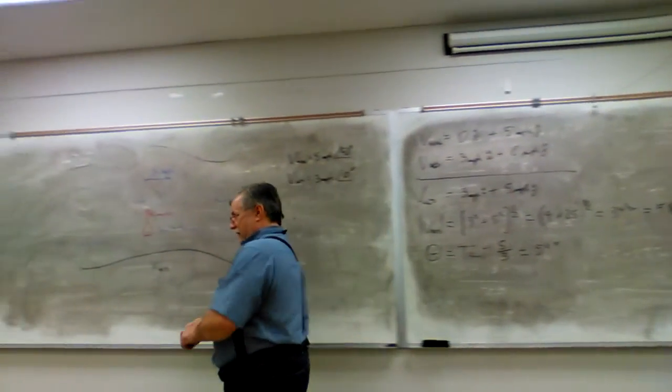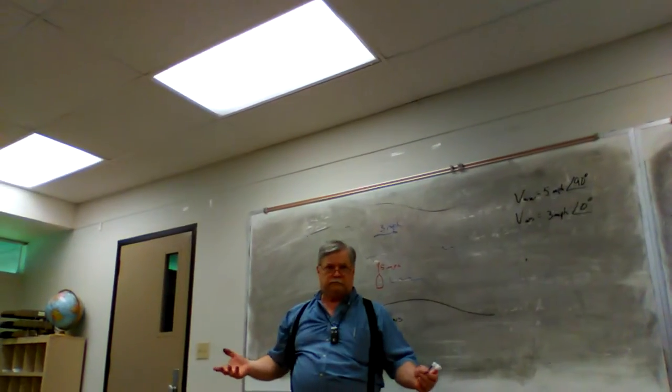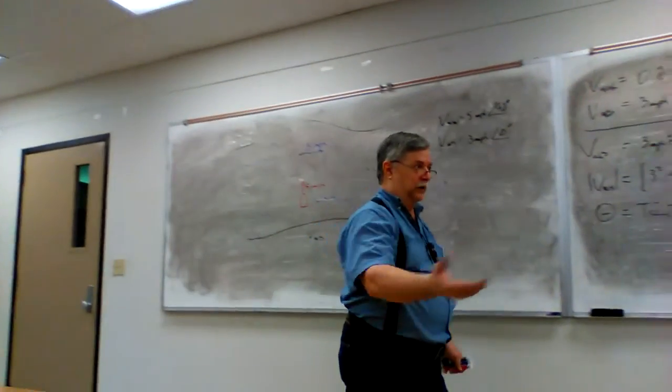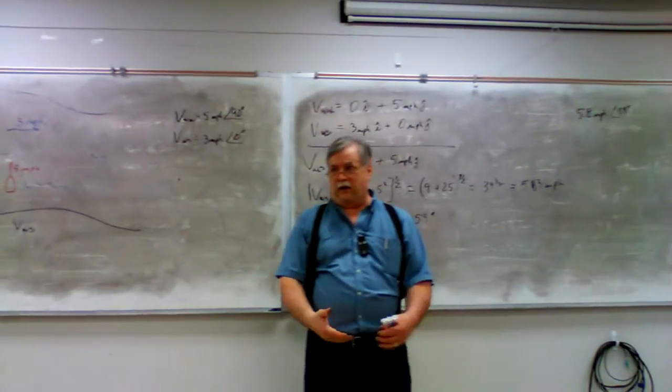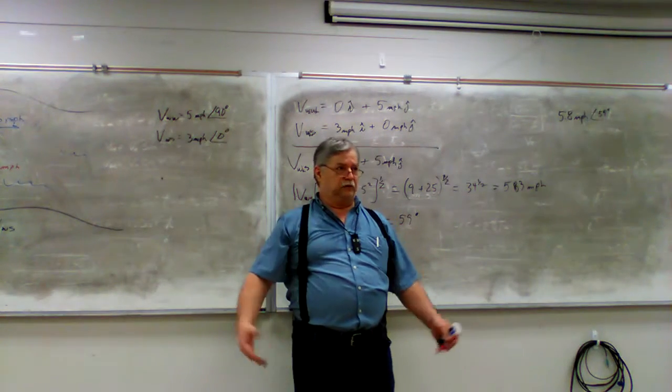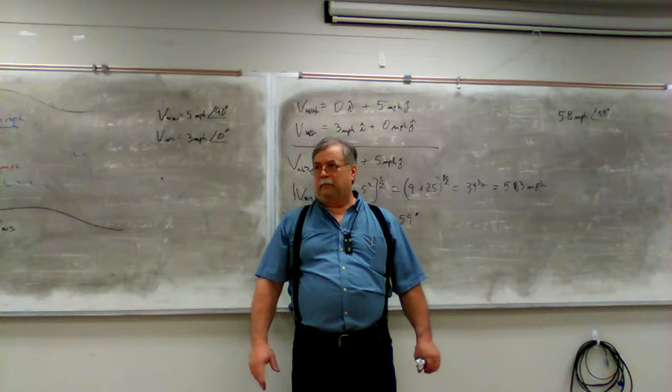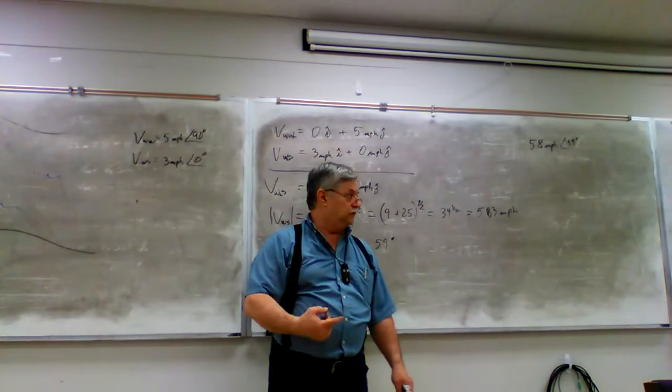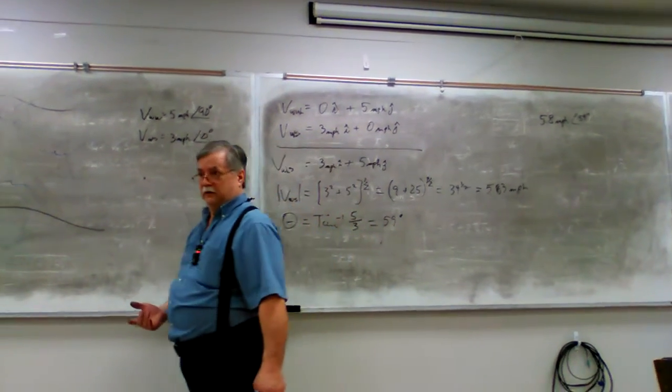See, mathematically, it's the same as when we were working in one dimension. It's just the sum or the difference of the relative velocities. But because we're in two dimensions, you have to do vector addition.